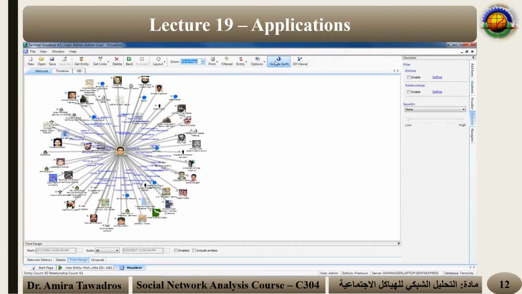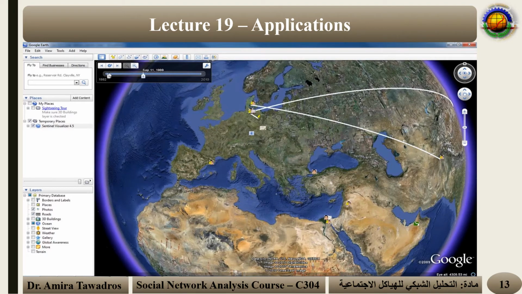Returning to our software, there is a new feature here, which is an interface to Google Earth, where you can map out location-specific and or date-specific information. So if we click here on this new feature, the Google Earth feature, let's see what will happen. As you see, it connects us with Google Earth.